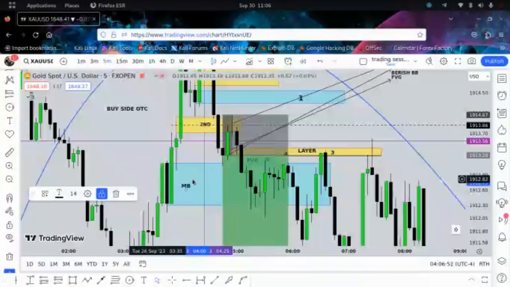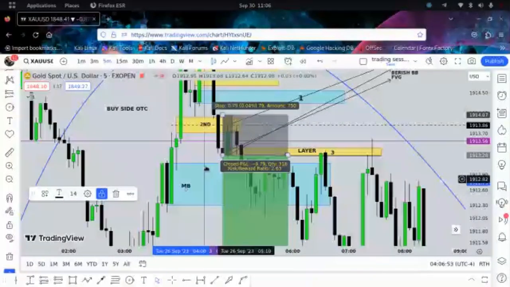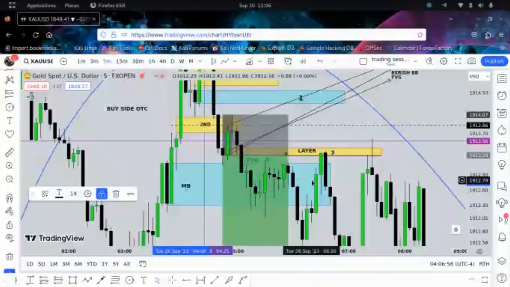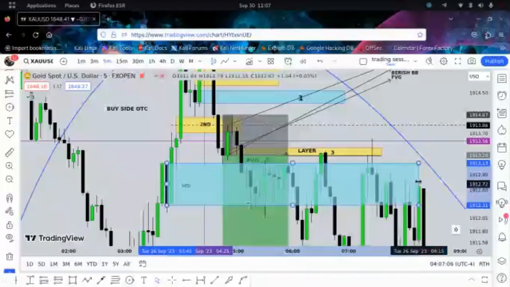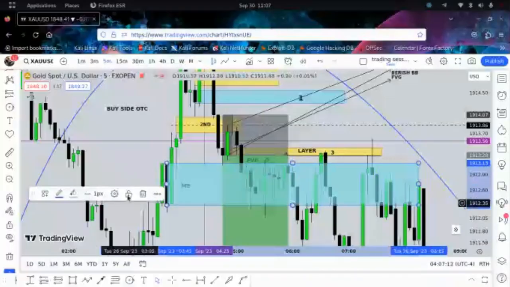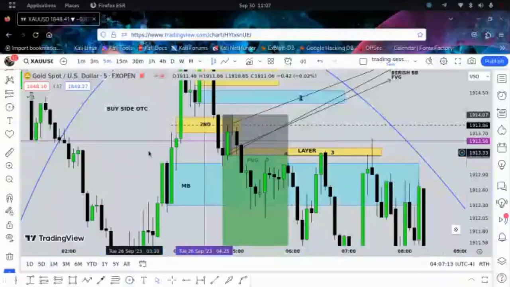Now usually within these mitigation blocks, there are always opportunities to get into the market. Let me show you this opportunity. When you pull this mitigation block, what do you see?